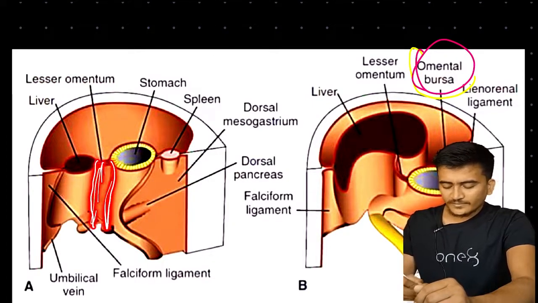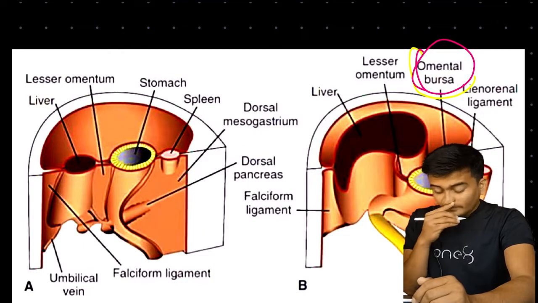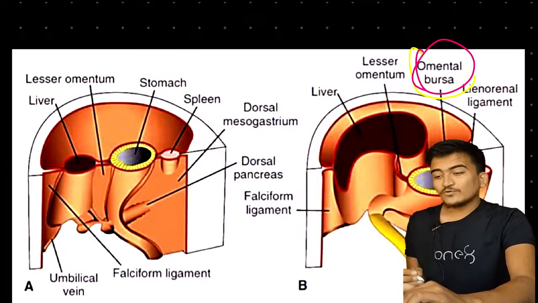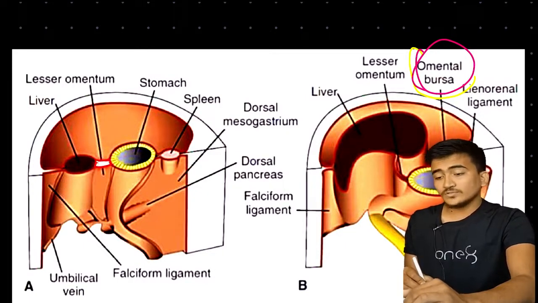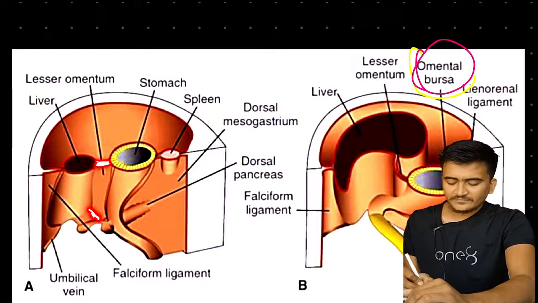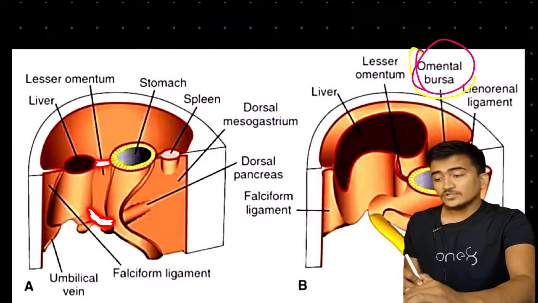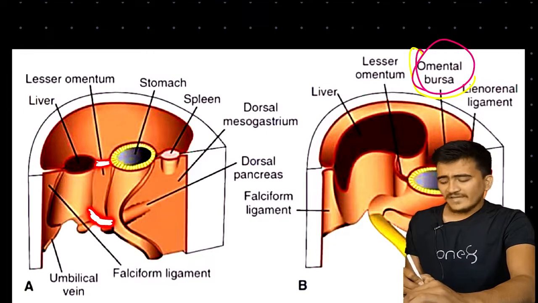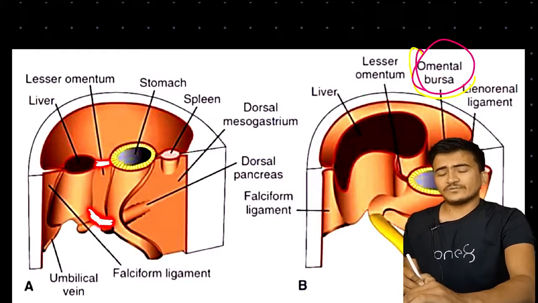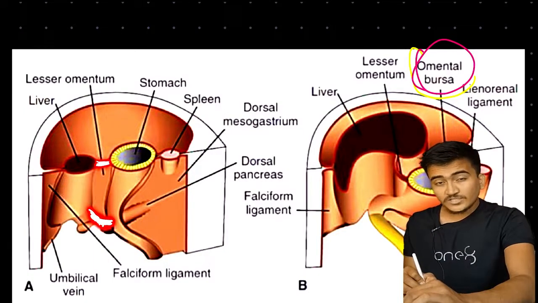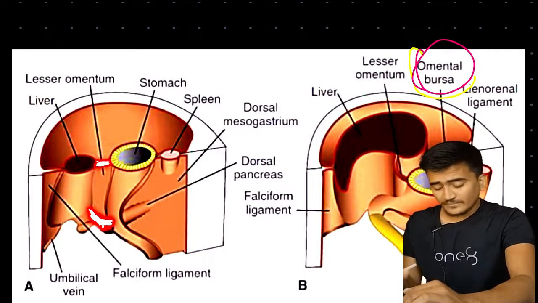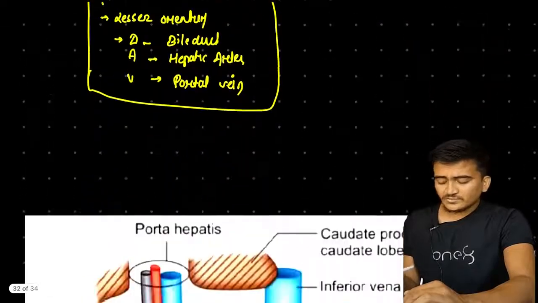The two parts are the hepatogastric ligament, hepato, liver, and gastric, stomach, and the hepatoduodenal ligament, liver and duodenum. This hepatoduodenal ligament is the specific point which contains our DAV structures, the ones we discussed right here.